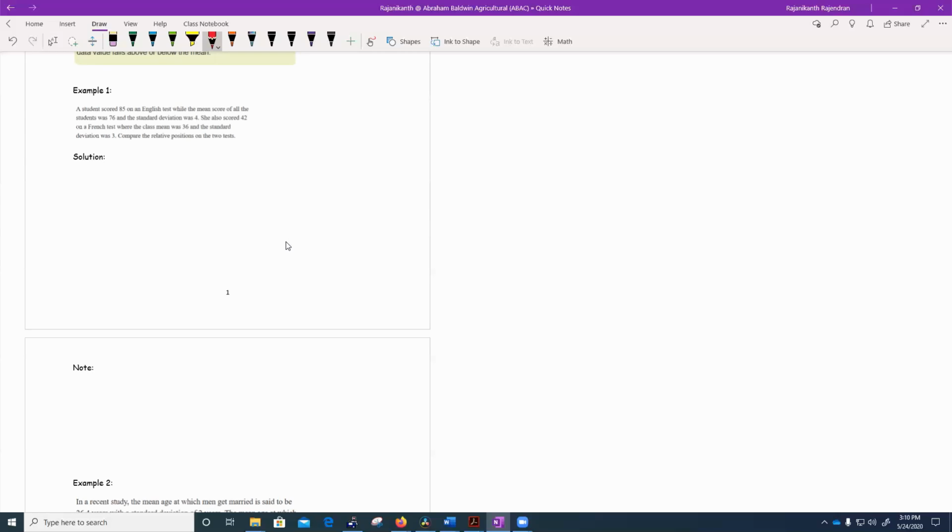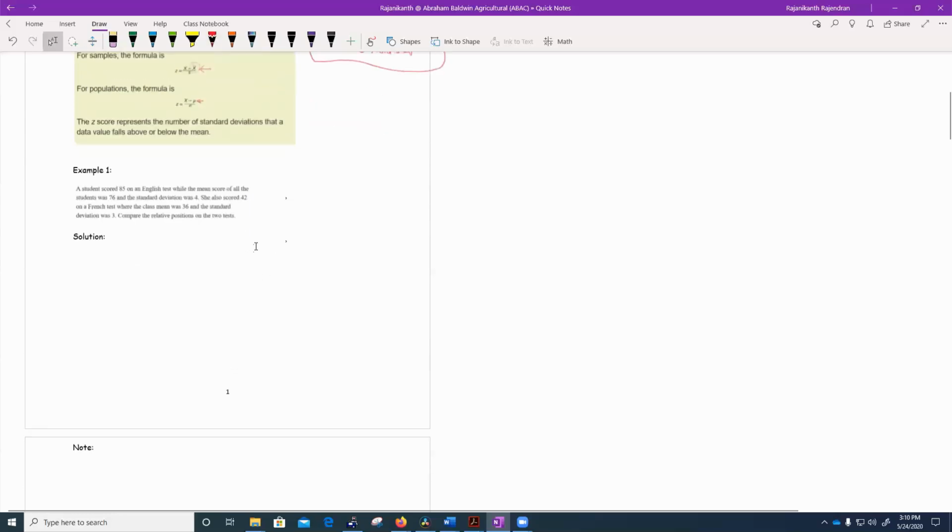Compare the relative position on the two sets. The relative position is nothing but the z-score. So now we are going to find the z-score for each subject. Then we will compare which one is higher.